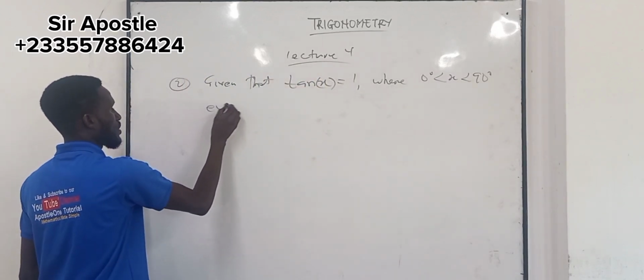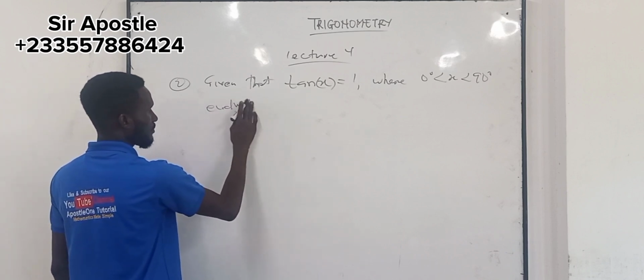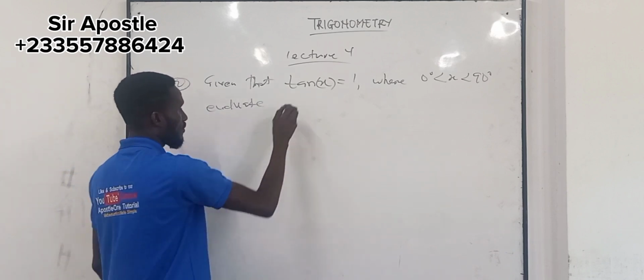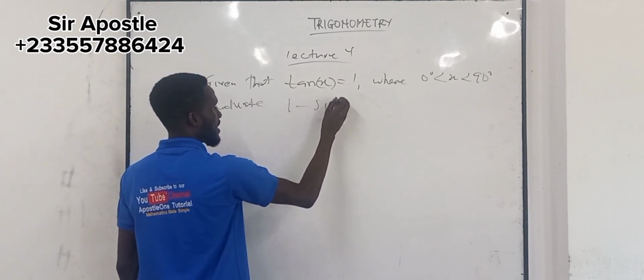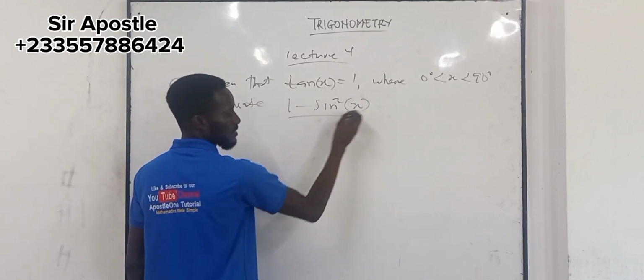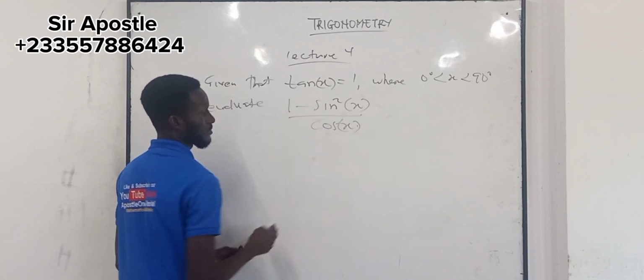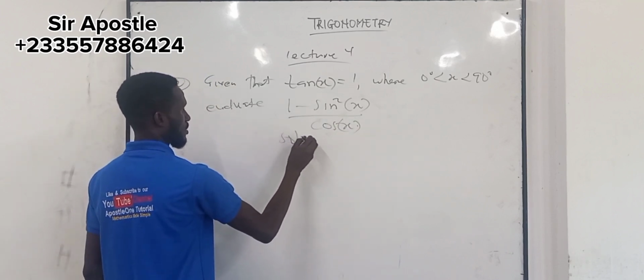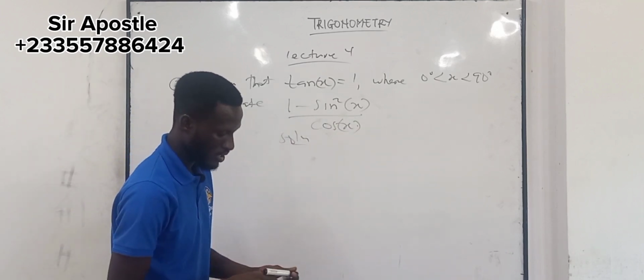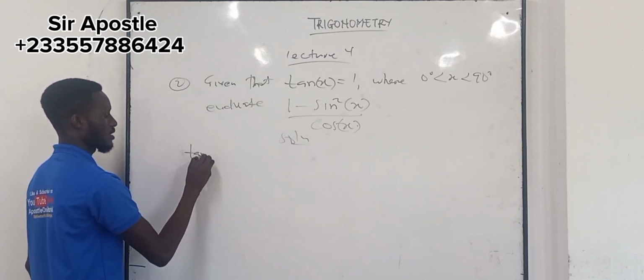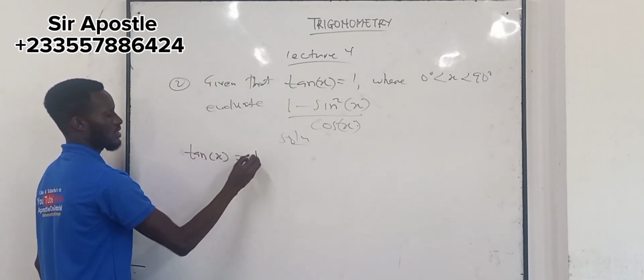We are supposed to evaluate, we are supposed to solve 1 minus sine square x divided by cos x. Solution. So let's move on. I'm going to solve it straight away. We have tan x, which is equal to 1.